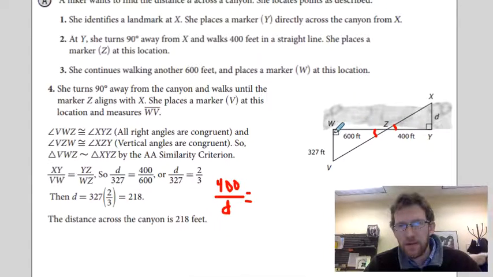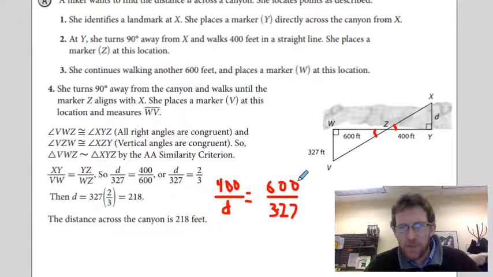Because they share an angle. Okay, so that's the 600 over 327. And remember, I usually prefer to put the variable on top, but we can just crank through this.